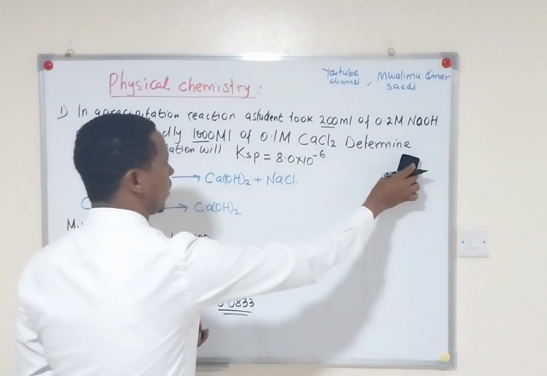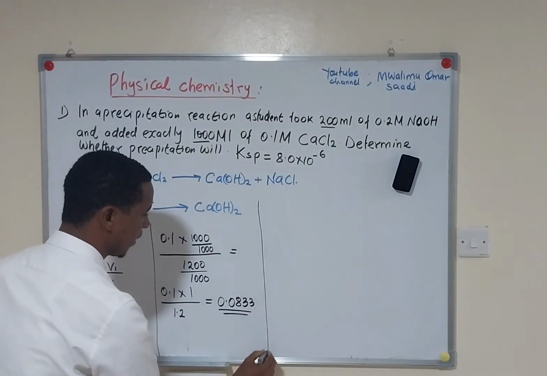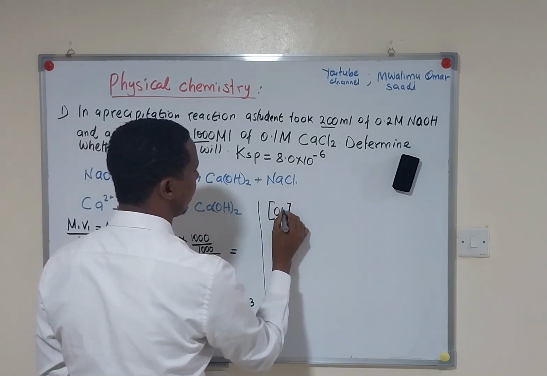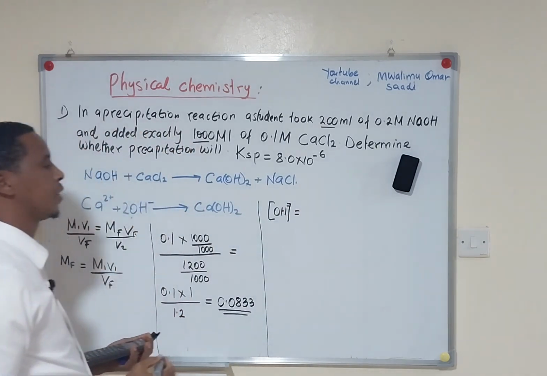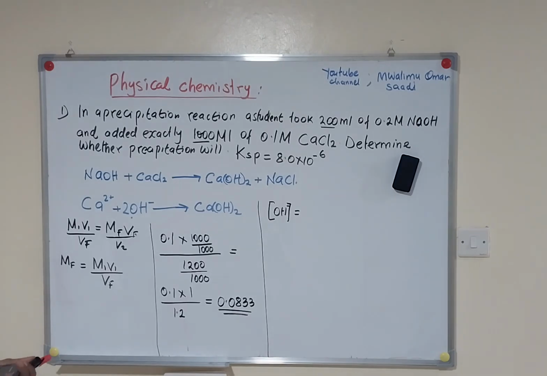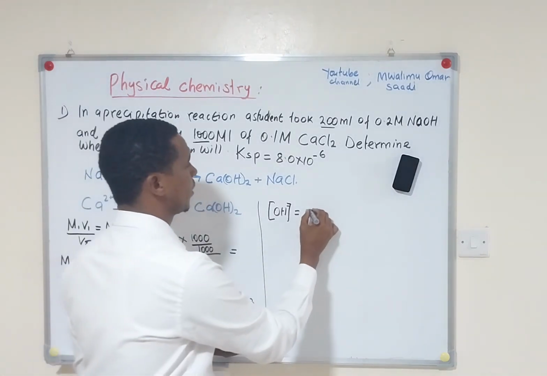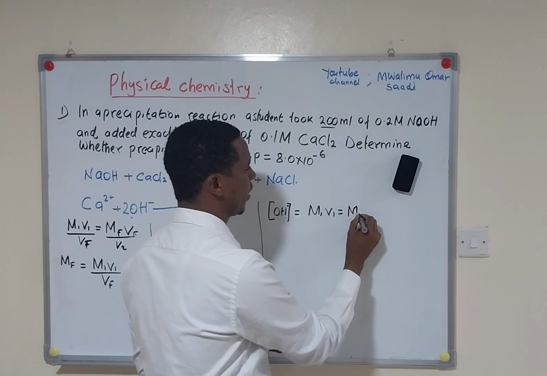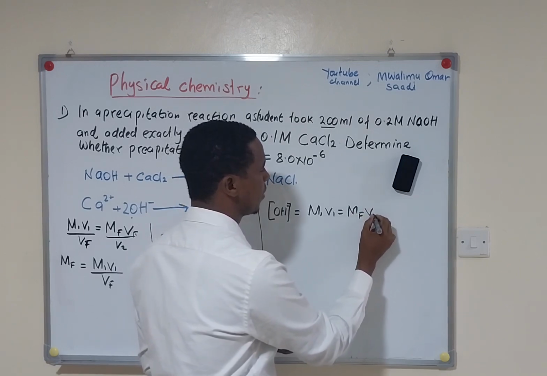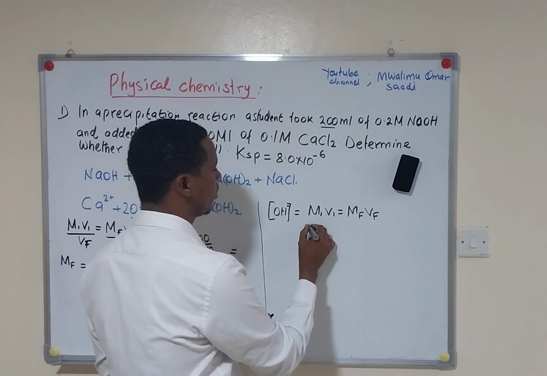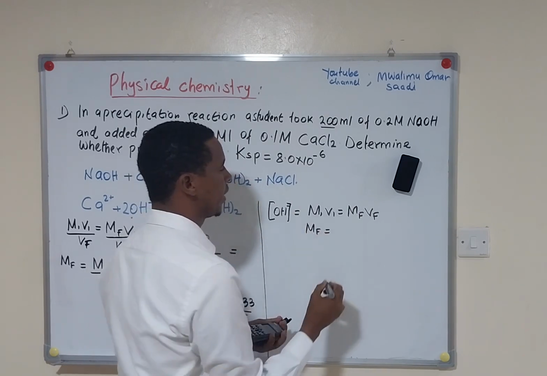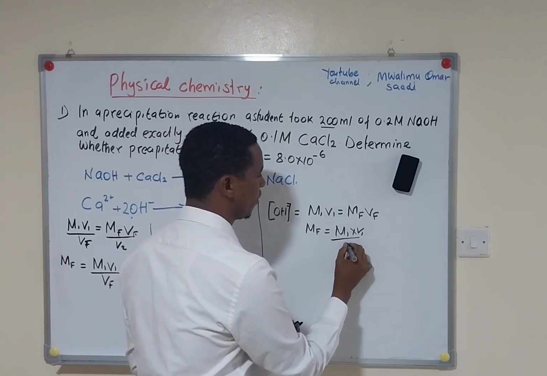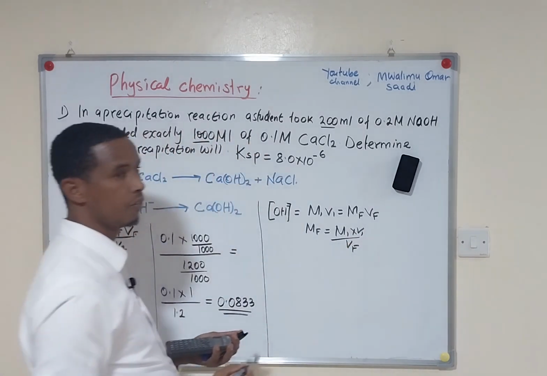So again, we need to get the final concentration of hydroxide ion. We still use the same formula, M1 times V1 is equal to final concentration times final volume. So the final concentration will be M1 times V1 all over the final volume.